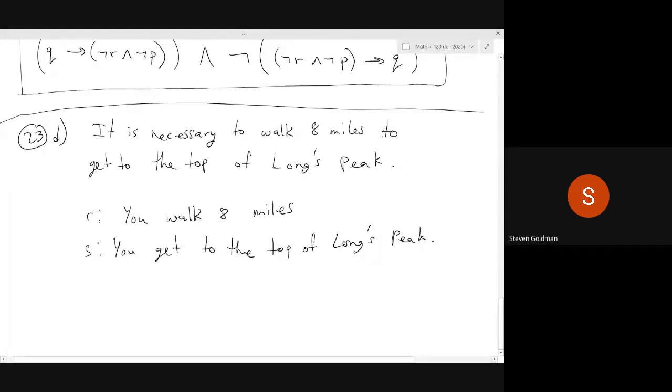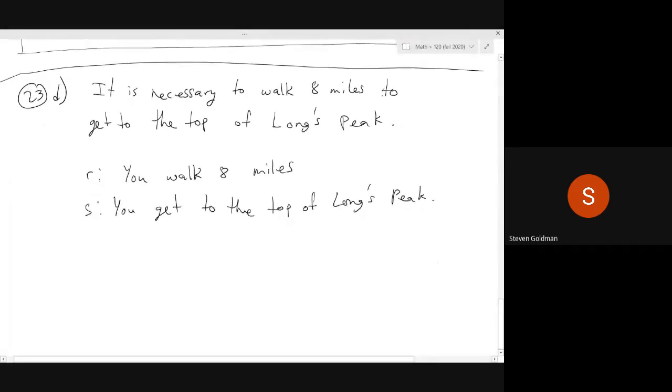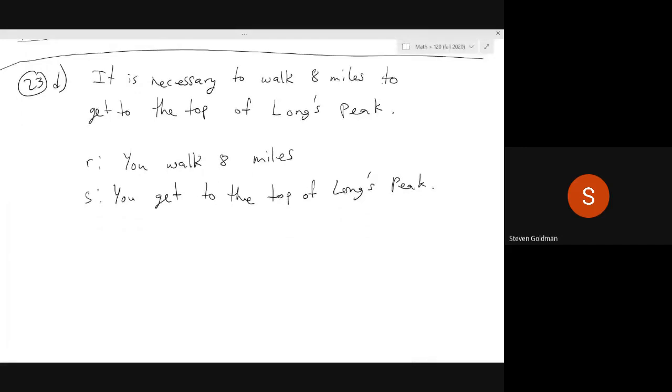Reading this sentence, you have to figure out what it is saying. It's saying when one thing is true, something else also has to be true. That's what a conditional statement tells us: when one thing is true, it forces something else to also be true.